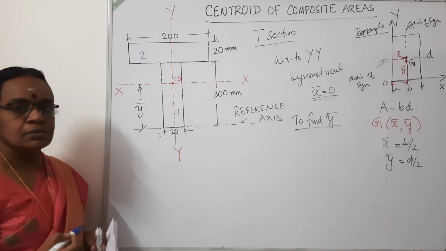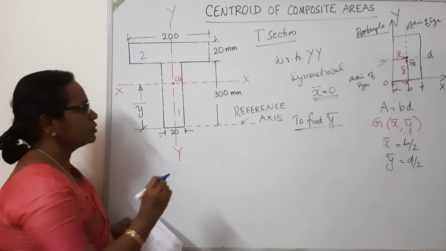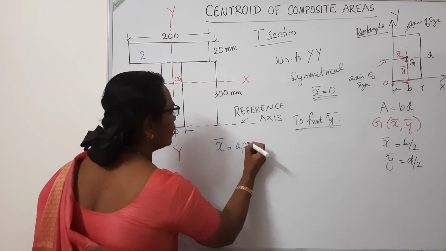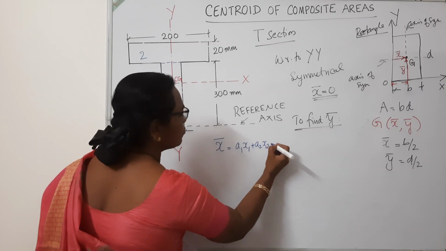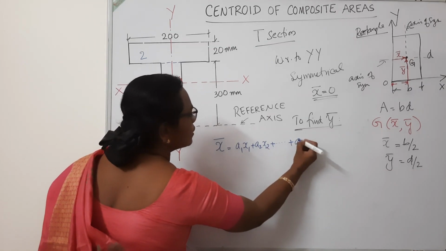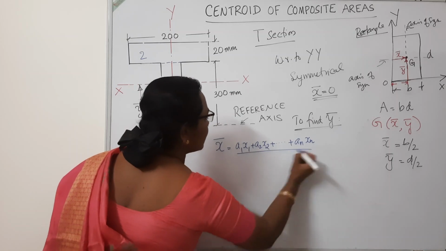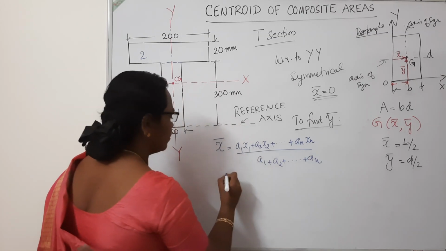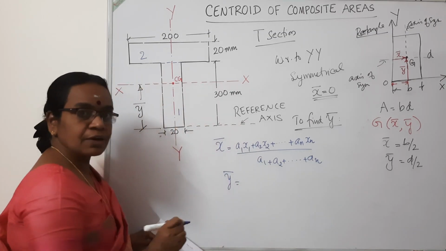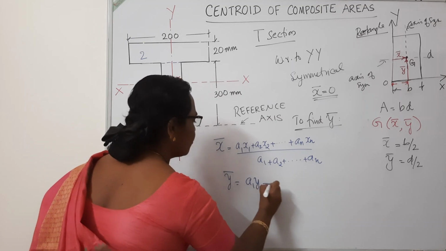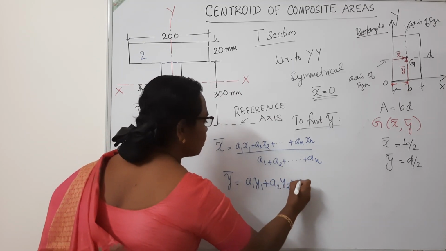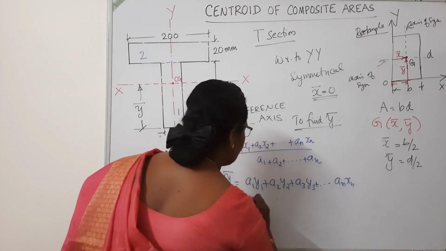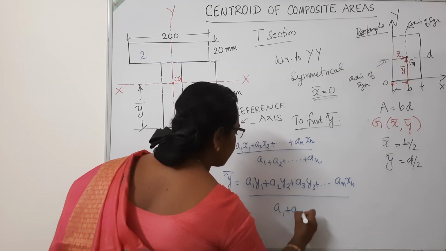Now we have to find out the centroid. For finding the centroid, the formula is x bar is given by a1x1 plus a2x2, if you divide it into a number of areas, plus etc. up to an xn, divided by a1 plus a2 plus etc. up to an. Similarly, y bar is equal to a1y1 plus a2y2 plus a3y3 plus etc. up to an yn, divided by a1 plus a2 plus a3.